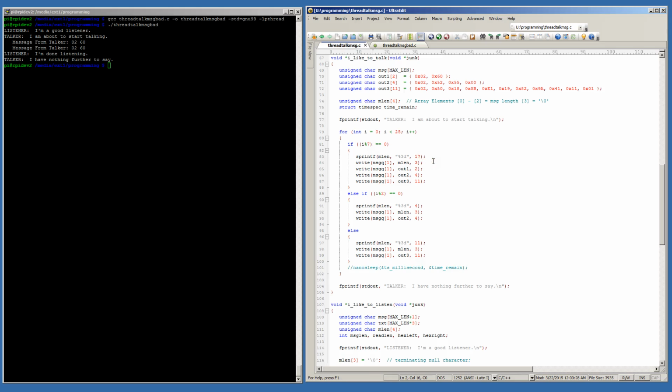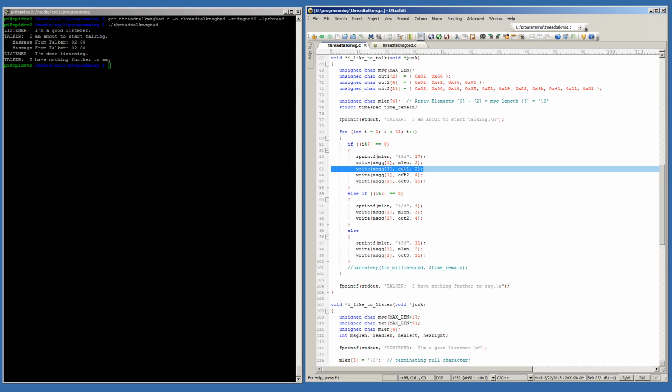I had indicated: what happens if only the message length gets put out into the pipe, in this case 17, and then just the first two characters of the message get written out to the pipe before the listening thread gets a hold of it? And that's exactly what did happen when it ran that first time.